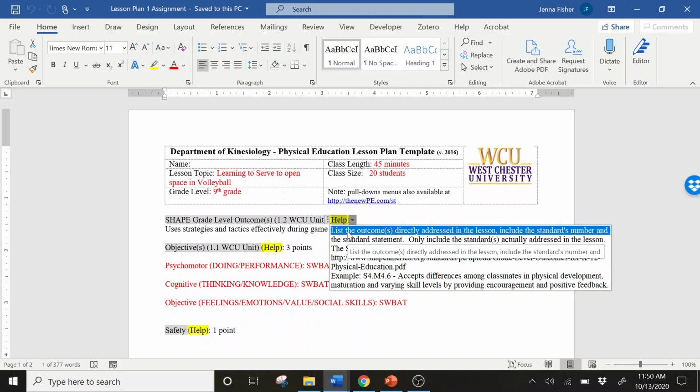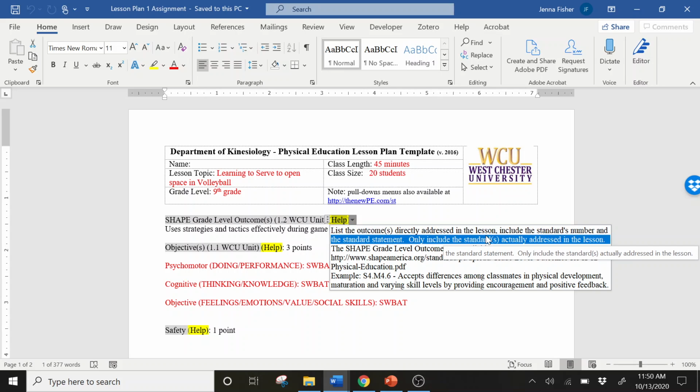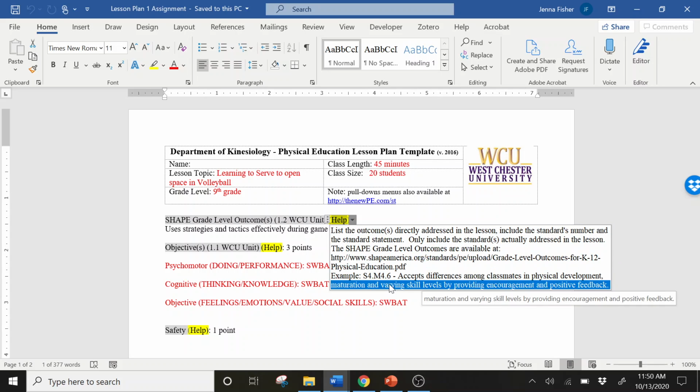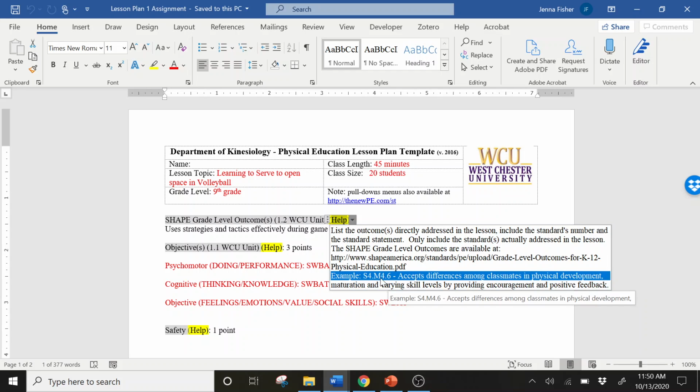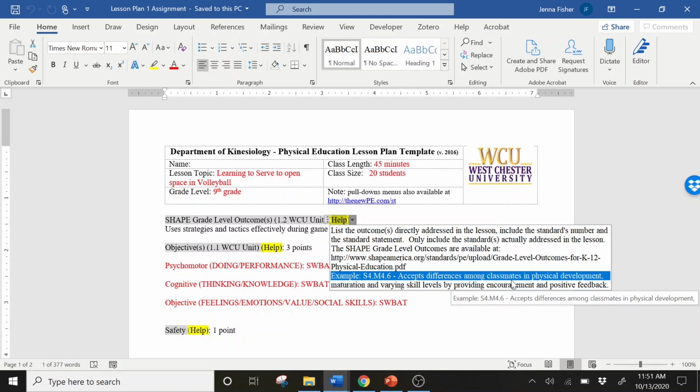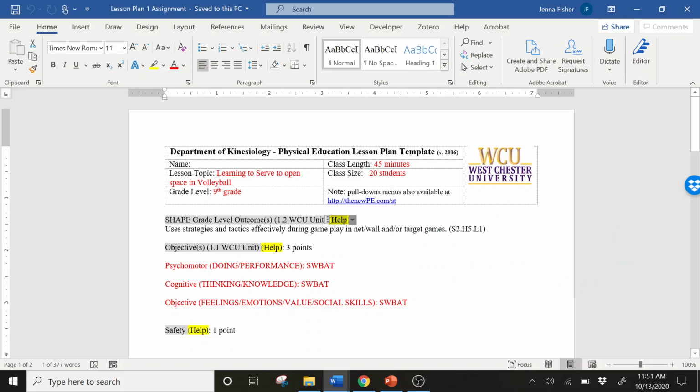So this is the self-help for the grade level outcomes, and it says list the outcomes directly addressed in this lesson, include the standard number and the standard element, only include the standards actually addressed during this lesson. It gives you the link for the grade level outcomes, which you already should have saved in your computer. And here's an example of what he's looking for. This is that grade level identifier, and then that statement that goes along with this identifier. So make sure that you know that these are here.